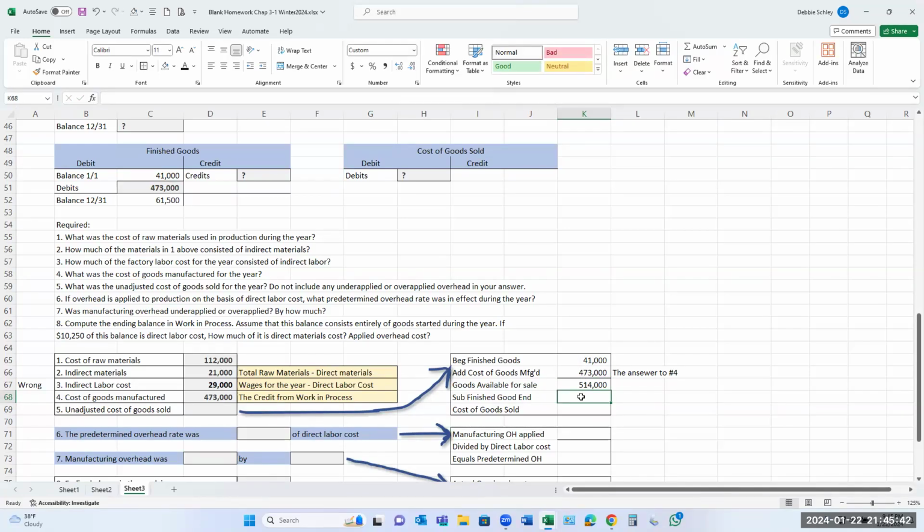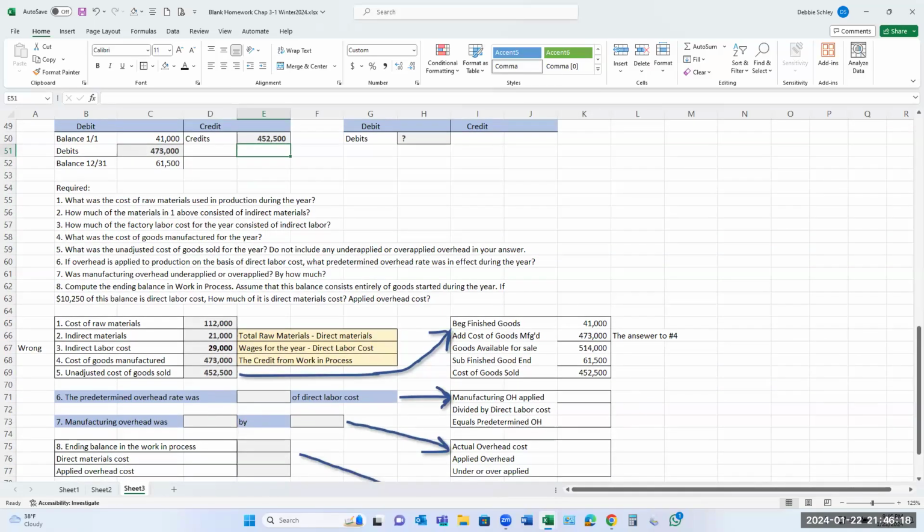And then I need to subtract the finished goods ending balance, which they gave me. So I'm going to take equals 514,000 minus 61,500, and that equals my unadjusted cost of goods sold. So it also belongs up here. Okay.